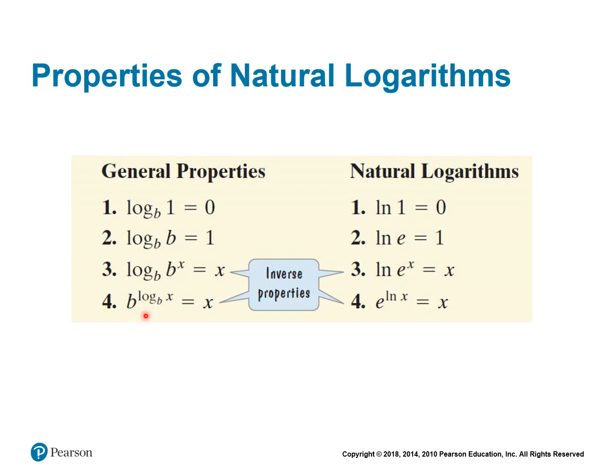Likewise, for this exponential expression where the exponent itself is a logarithm, this is the case where we have b as the base. In the case of natural logarithms, it's e raised to the power ln of x.